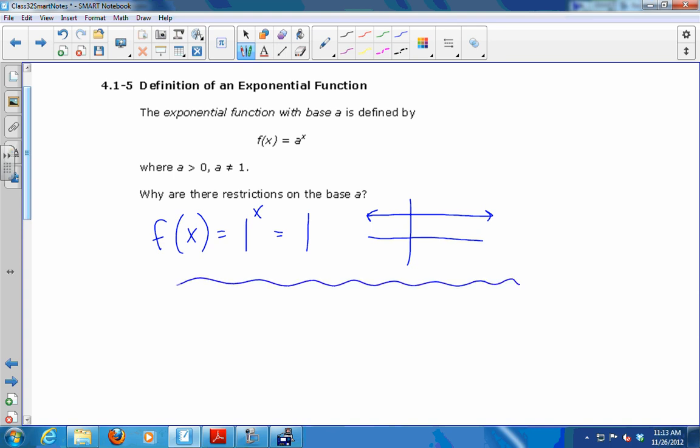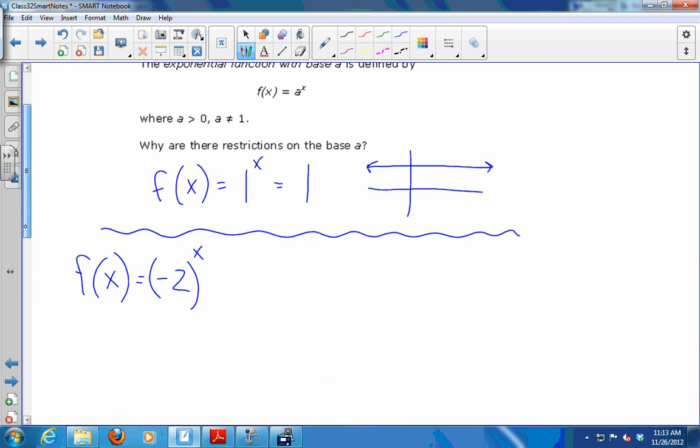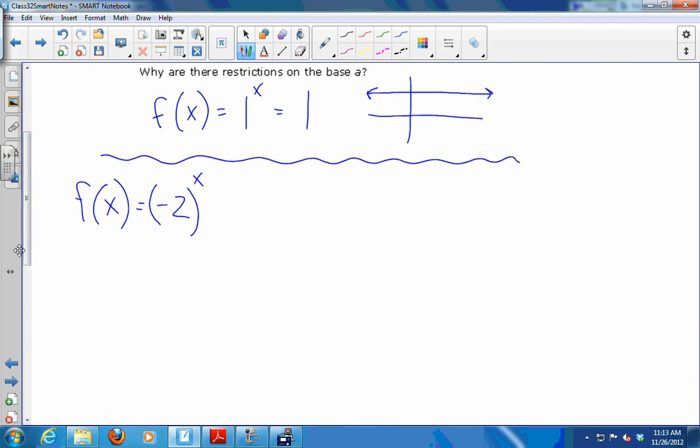Okay. What if a were negative? What if I had something like f of x equals -2 to the x? If I had that base as a negative number, what would happen? Yeah, my even powers and odd powers would have opposite signs, right?